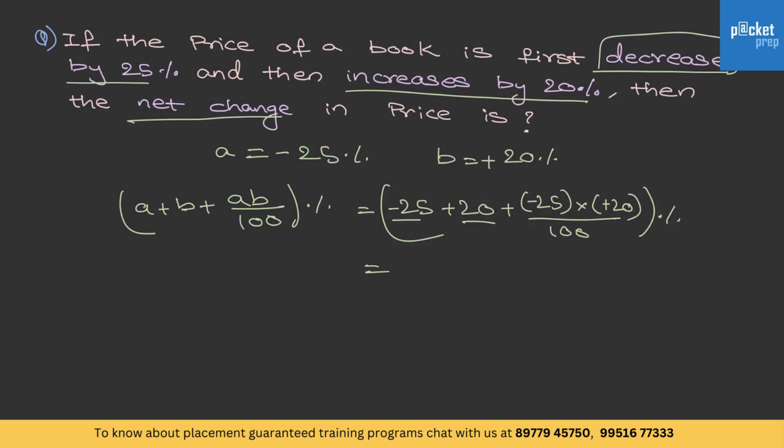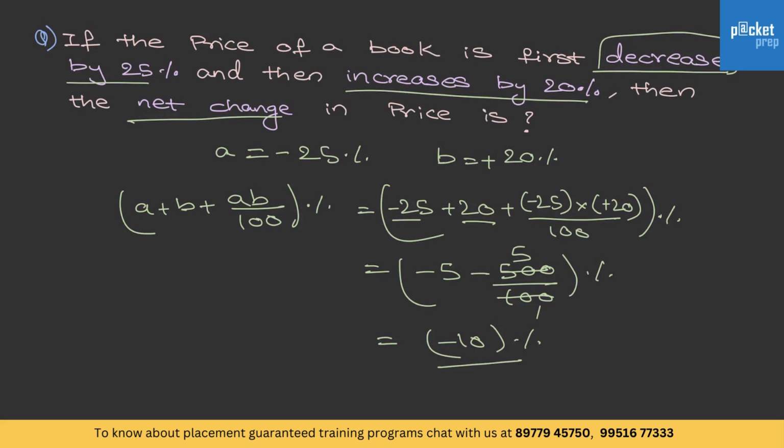Minus 25 plus 20 is minus 5. Minus 25 into 20 gives minus 500. 500 by 100 is minus 5. So minus 5 and minus 5 gives minus 10. Net change is minus 10%. This says that the price of the book is decreased by 10%.